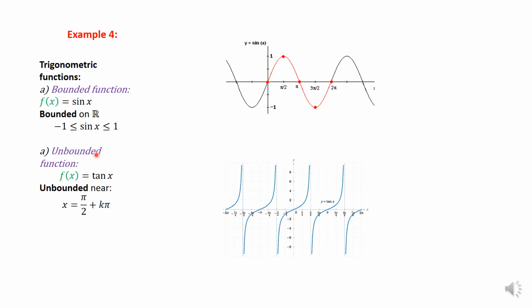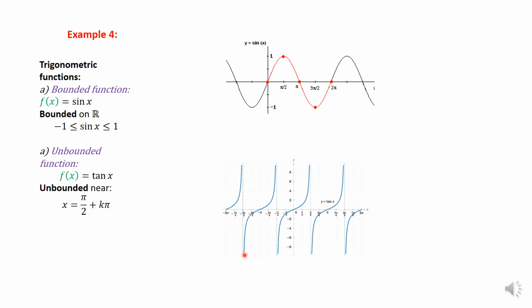Now, let's see the second example, the tangent function, which behaves very differently. As x approaches pi by 2 plus k pi, where k is in Z, the function increases or decreases without any bounds. It has a vertical asymptote.